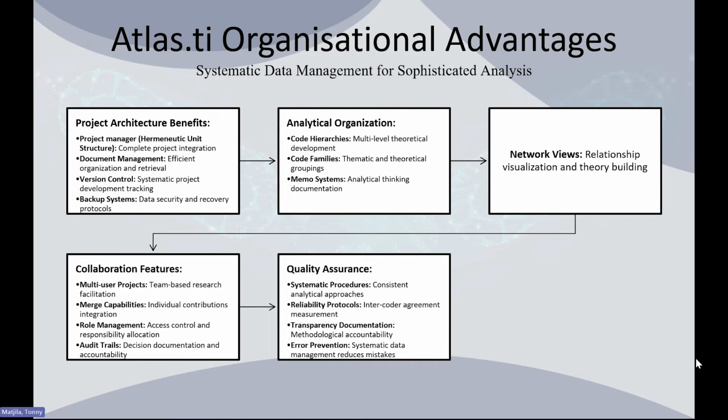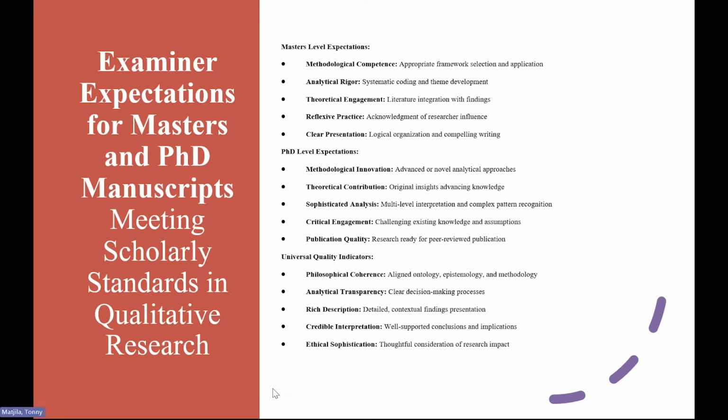They allow you to focus more on analytical thinking rather than data management. We have to talk about examiners' expectations for masters and PhD. Most examiners assess qualitative research against criteria that go beyond basic competence.